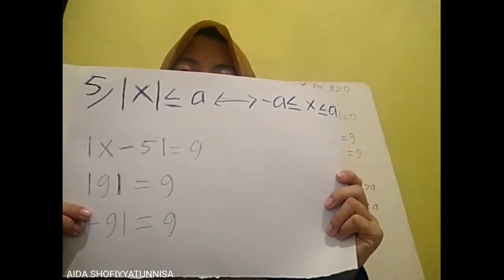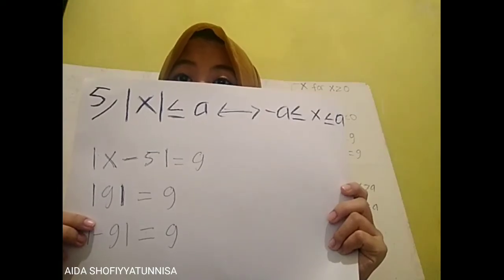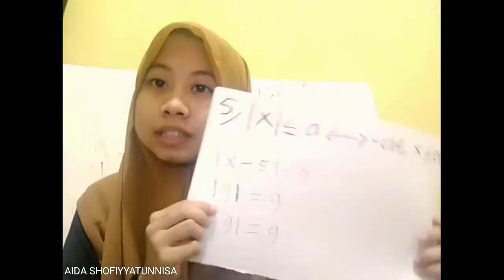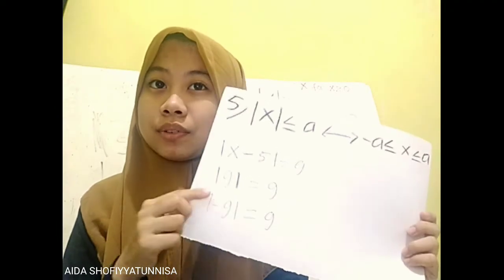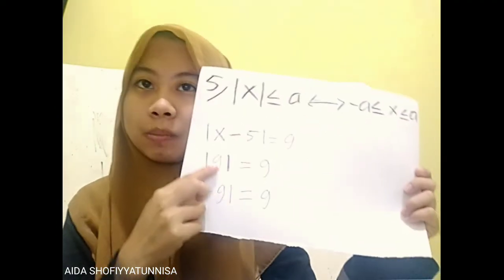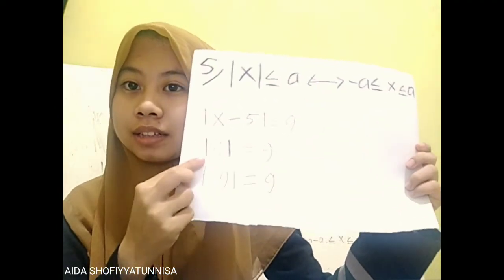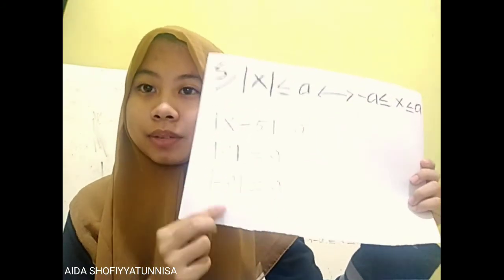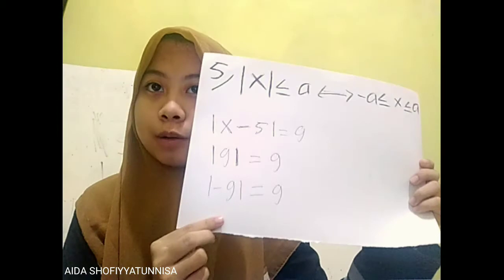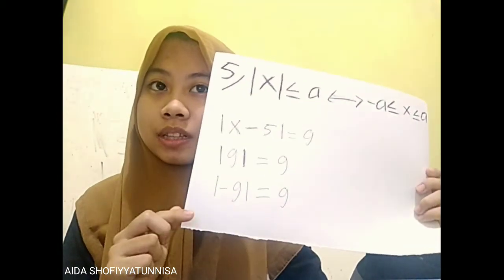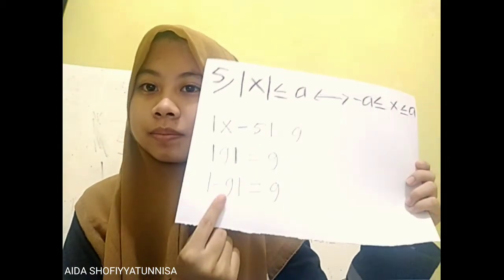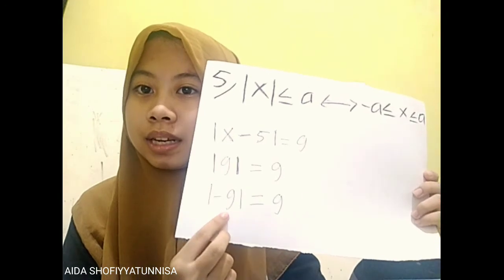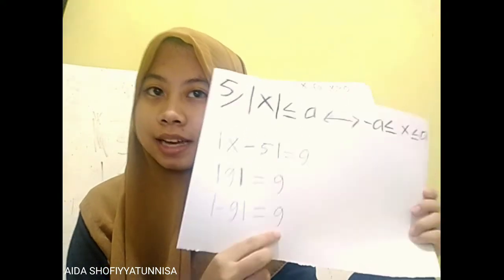So, the absolute value of a number depends on the number's sign. If positive, it is equal to the number: absolute 9 is 9. And if the number is negative, then the absolute value is its opposite: absolute negative 9 is 9.